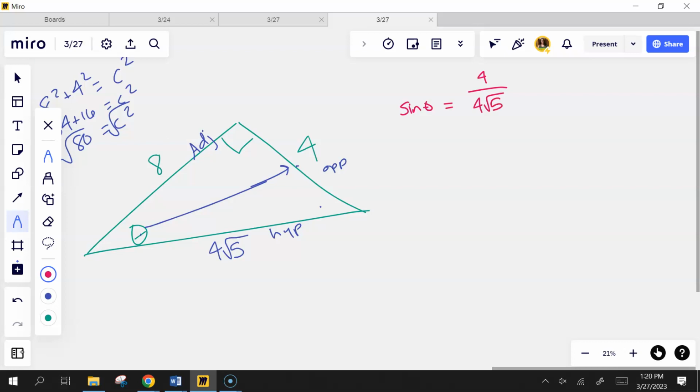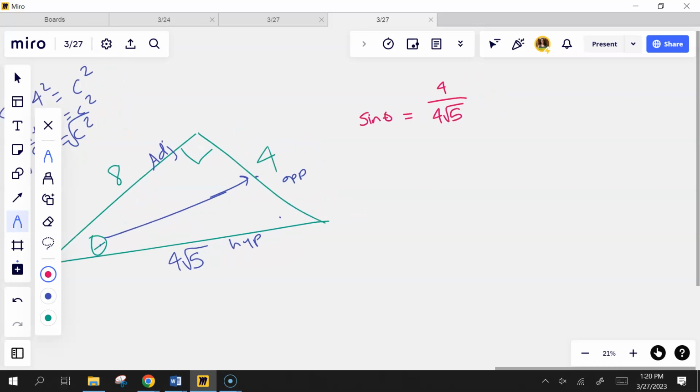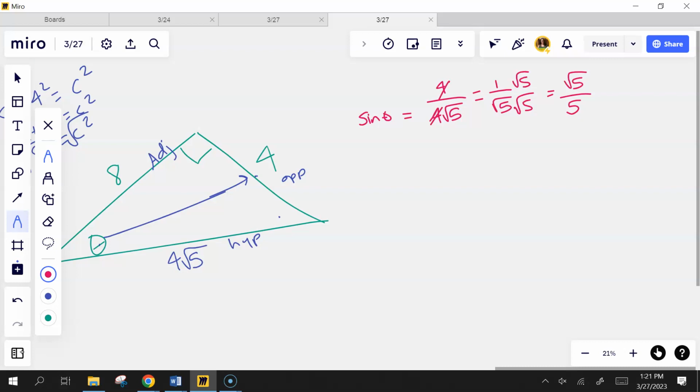We're doing all 6. I just started with sine. The 4's cancel out. I can't have a radical in the bottom. No, because these have to be exact. There's my sine.